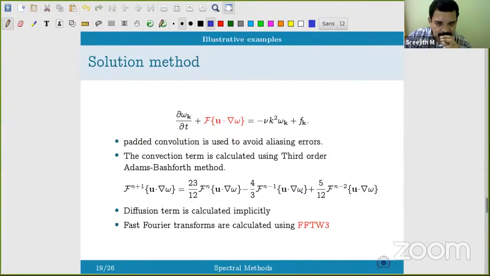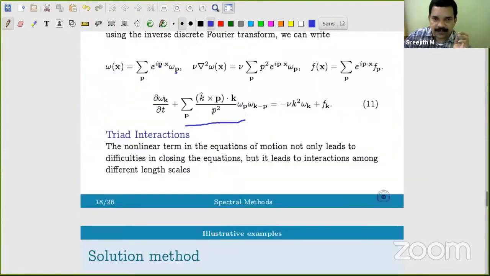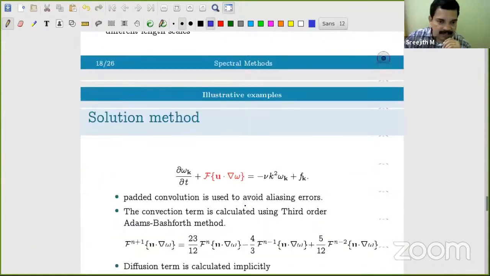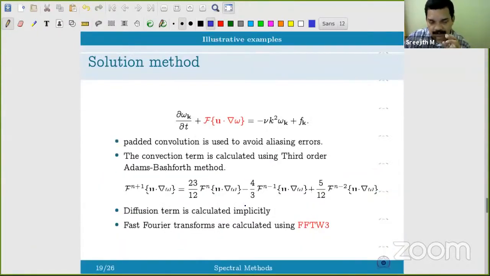Now, for solving this equation, this convection term appears as a convolution in the product of two series, a convolution in the Fourier space. We calculate that term in the physical space, so it is marked in red.